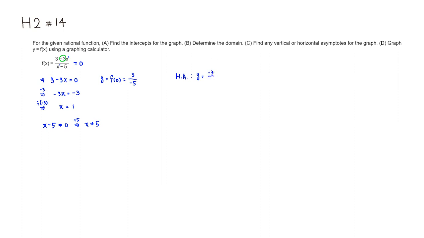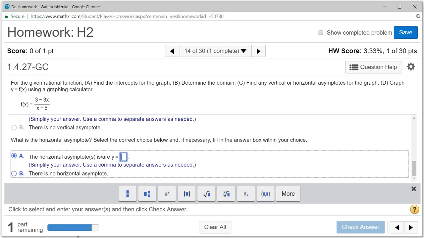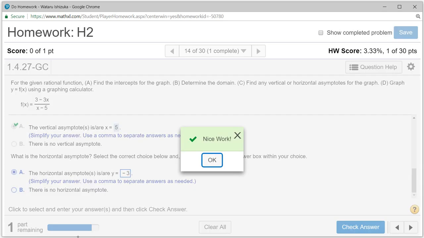The leading coefficient on the bottom is just 1, so I'm going to put the 1 on the denominator. So y equals negative 3 is the horizontal asymptote. Let's check the answer. All right, we got that.